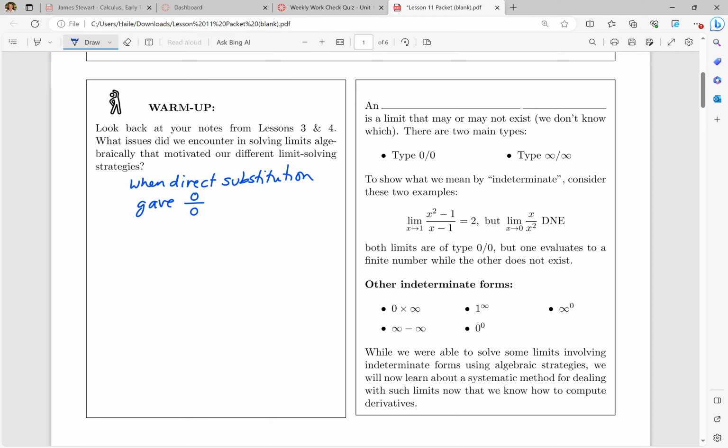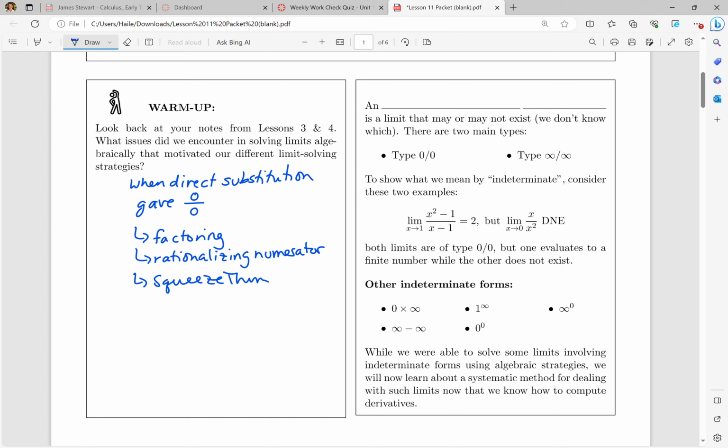And so that inspired us to use things like factoring or rationalizing the numerator, or something like squeeze theorem. So we had all of these algebraic strategies for when we would come up with an issue with using direct substitution to solve a limit.